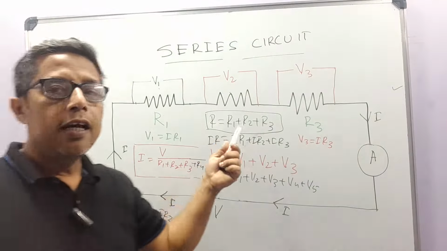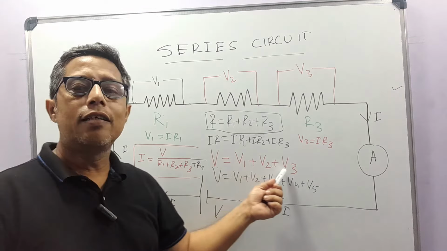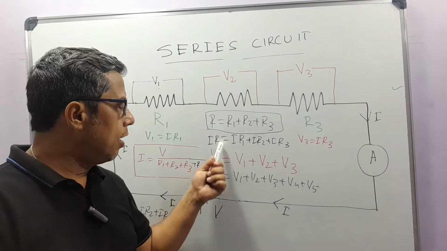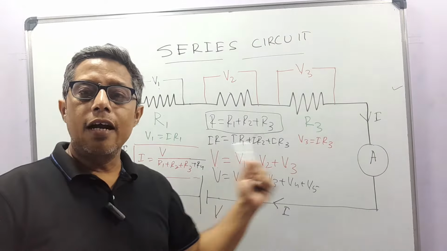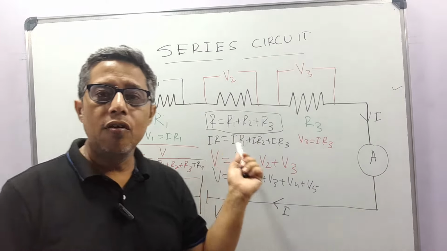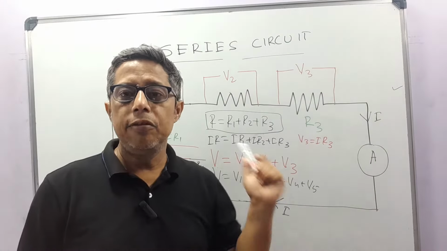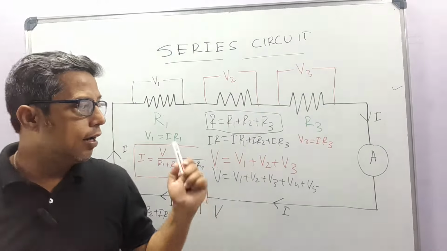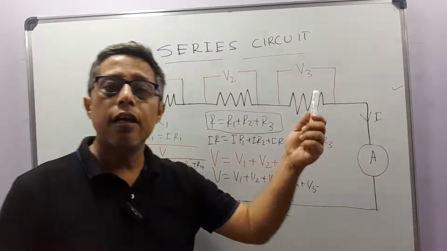For series, if you forget things, just remember the voltage is getting distributed: the net voltage, or battery voltage, V is equal to V1, V2, V3 added. The current is the same, so the resistances add. The equivalent resistance of a series is always greater than any individual resistance.